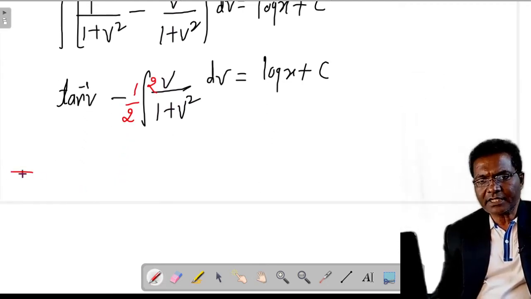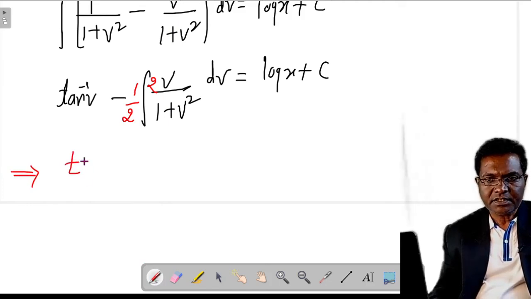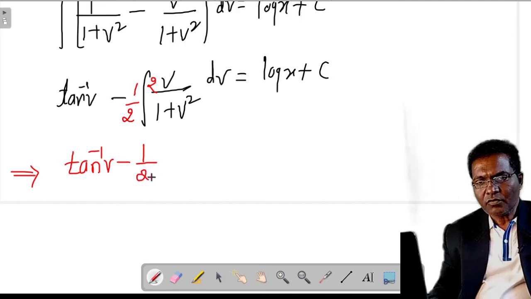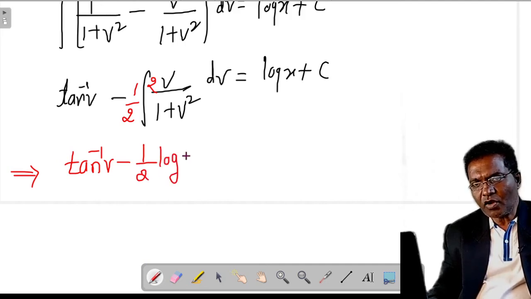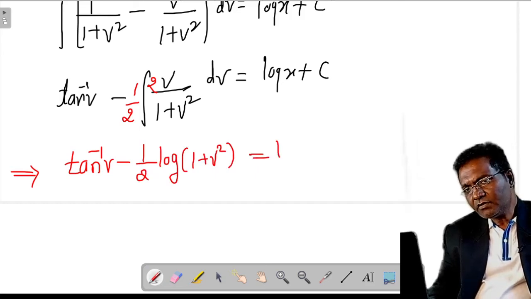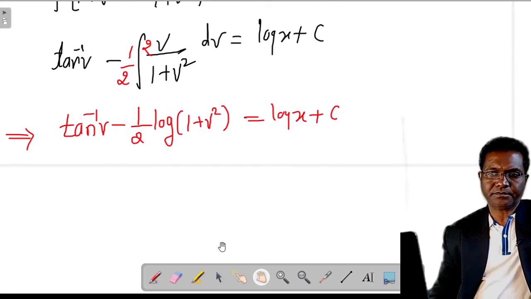So now you can write directly, it is tan inverse of v minus 1 by 2 log of (1 plus v square) equals log of x plus c.